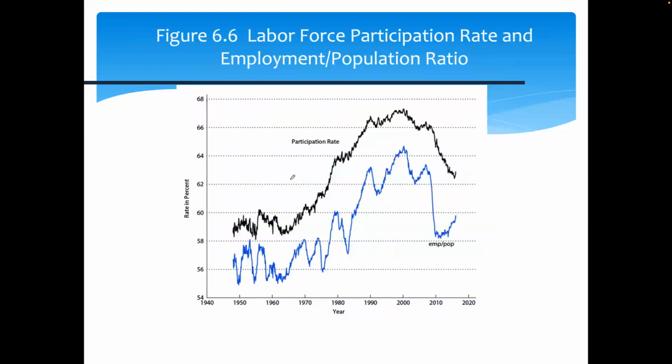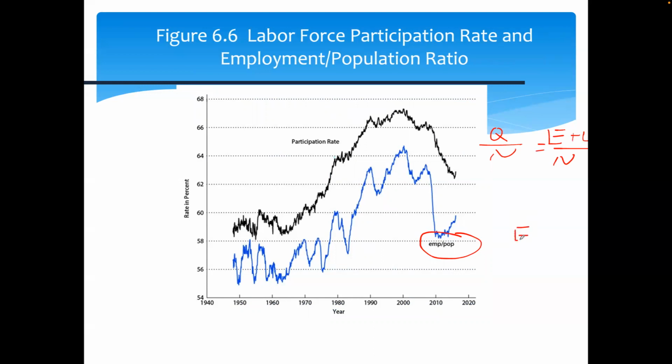Now the next one is the employment to population ratio. It seems like these catch up with each other, and this is also reasonable. Essentially, employment is part of the labor force. Remember, what is the participation rate? This is Q divided by N, which is equal to E, employed, plus U, unemployed, divided by N. What is the employment to population ratio?